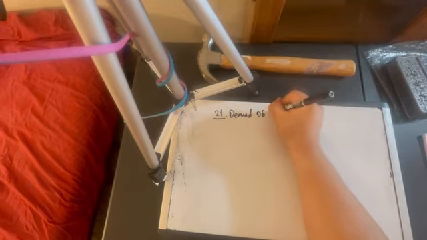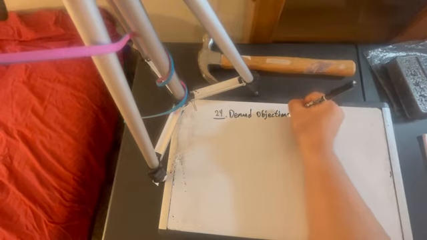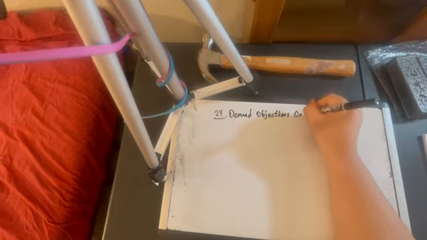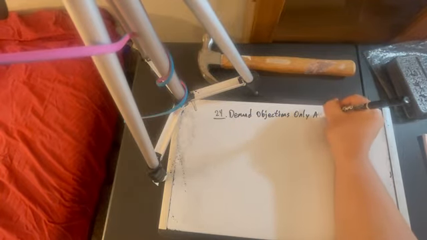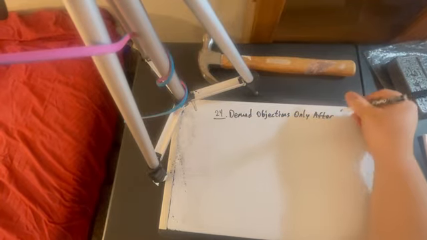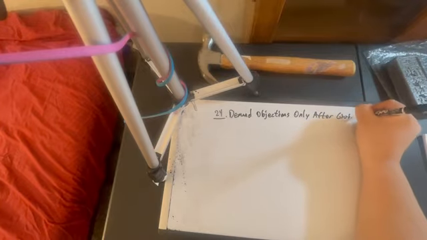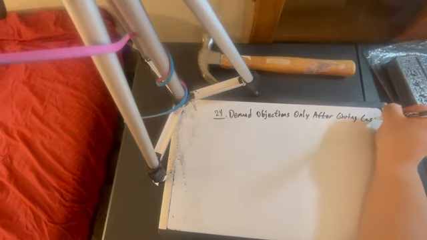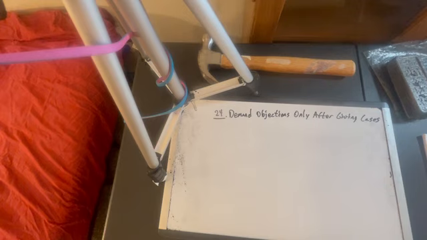Demand objections only after giving cases. If the questioner has made an induction from several cases and the answerer refuses the universal, the questioner may fairly demand an objection. But first, the questioner must actually provide the cases.